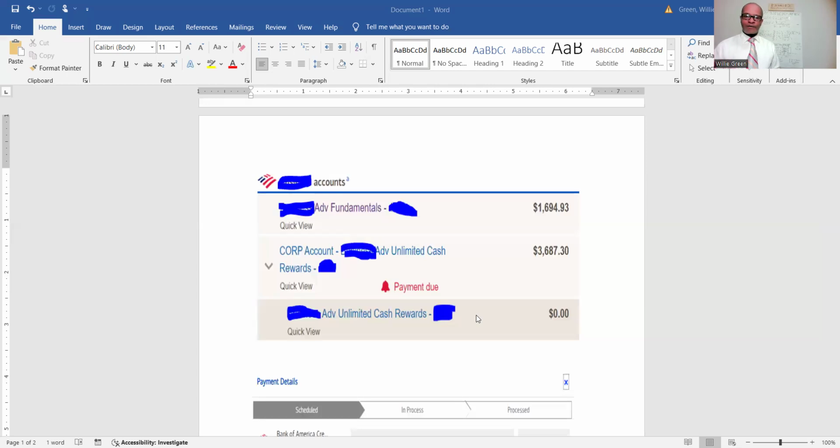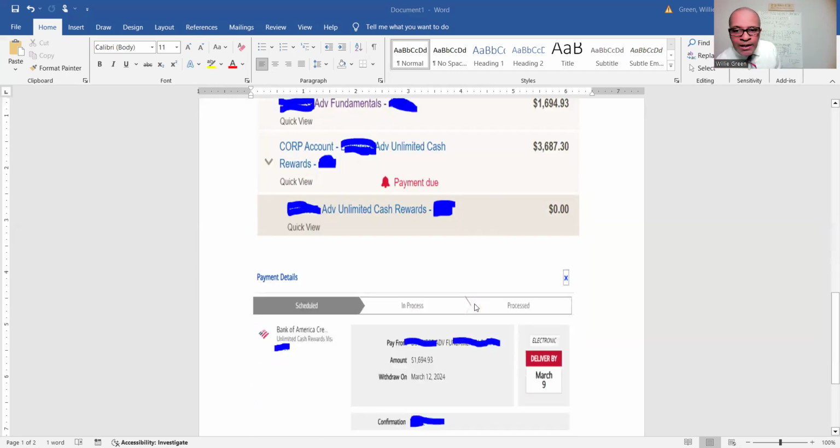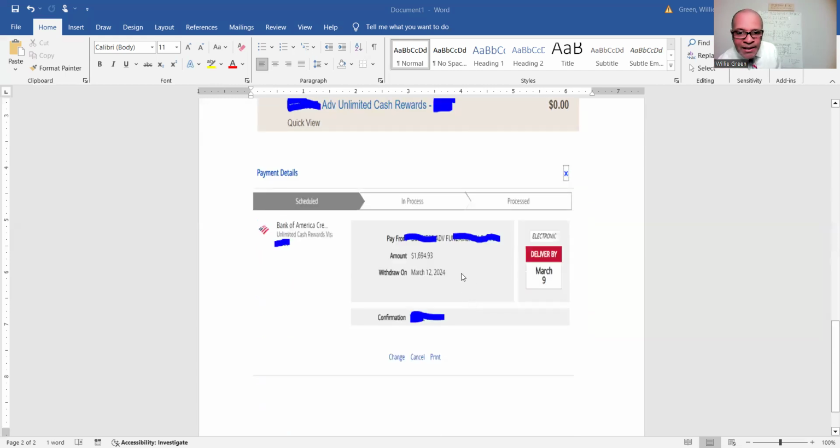Once I move that from the checking account to this particular account, it's going to wipe down almost $1,700. Now I scheduled the payment, and I thought it would be immediate, so it should be later this evening that the 1694.93 is applied.